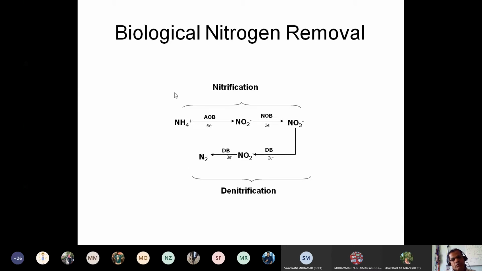So in order to get the complete process inside the sea or inside the river or inside the soil also, you have to get nitrification and denitrification bacteria, so any contaminants can be degraded. Finally, it will be N2, which is released as gas.